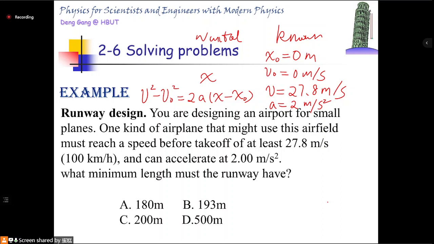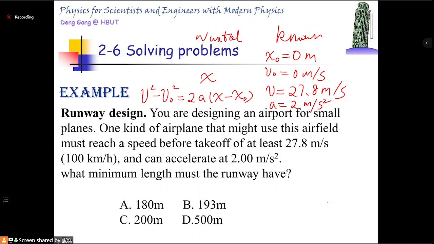So that's why we do not need this one. We only need 200. That's enough. But you cannot use this one. This is not enough, because if it is a point, then maybe that's enough, but it's not a point. It's several meters long. So actually, this one is not enough.